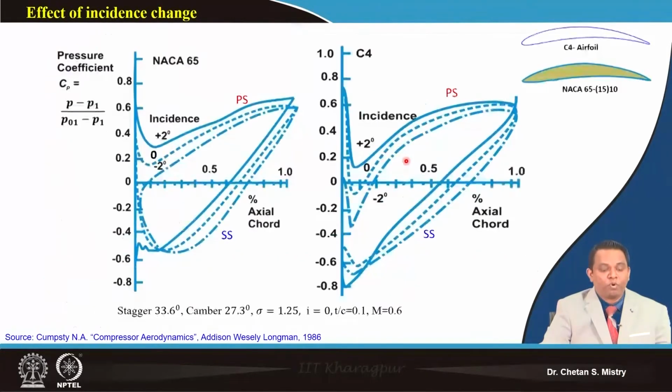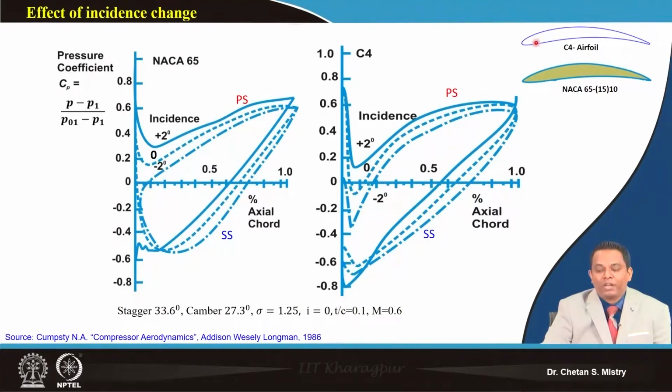Now let's move ahead. For subsonic aerofoils we have different options available, but mainly for subsonic compressors, what we use are the C4 aerofoil and the NACA 65 aerofoil.